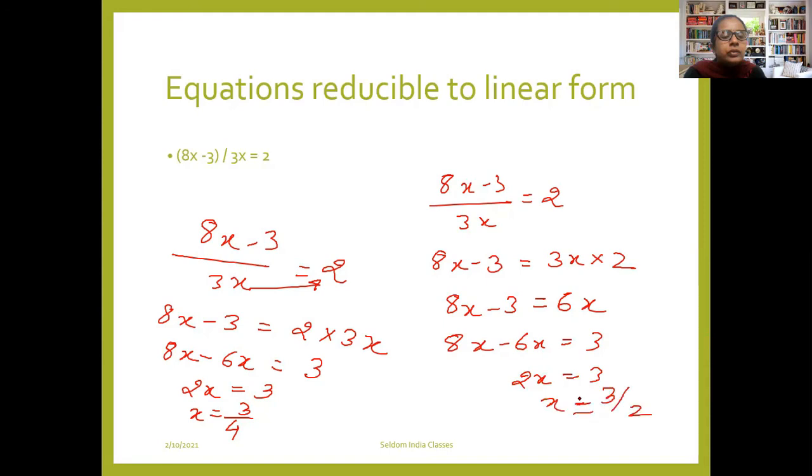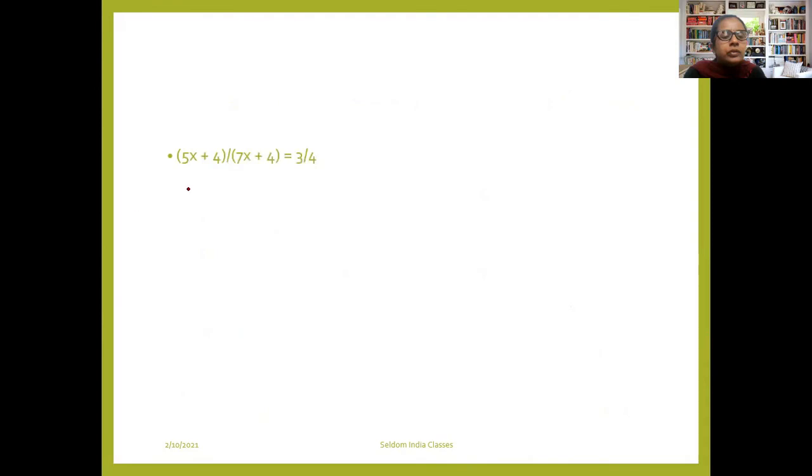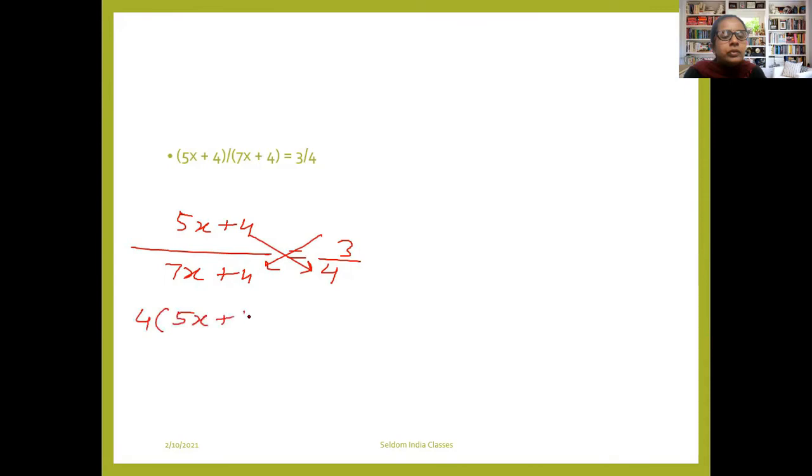Correct? Now the next question is 5x plus 4 divided by 7x plus 4 equals 3 by 4. Cross multiply. 4 into 5x plus 4 equals 3 into 7x plus 4.